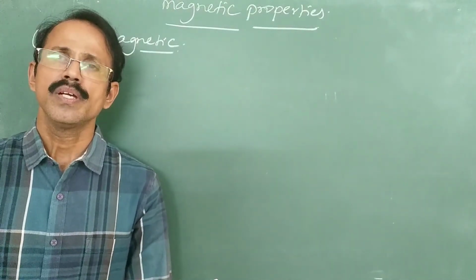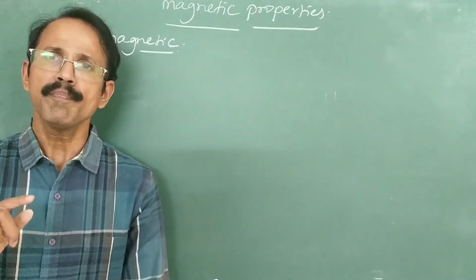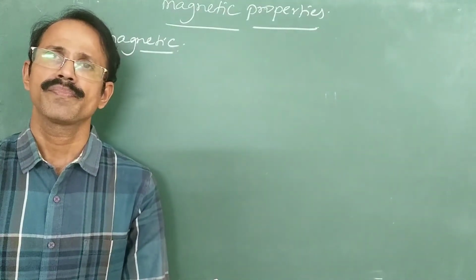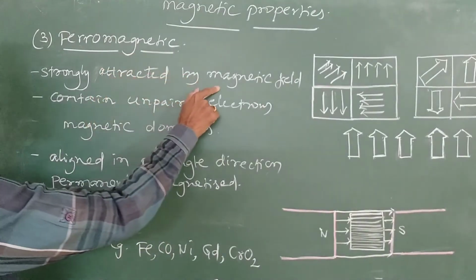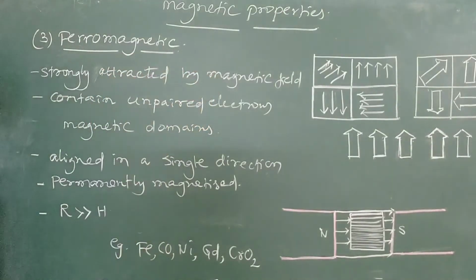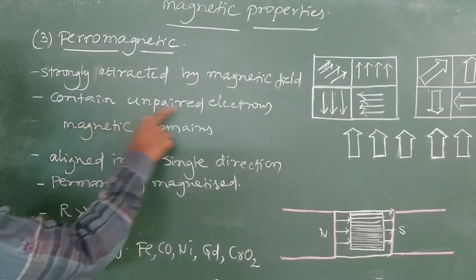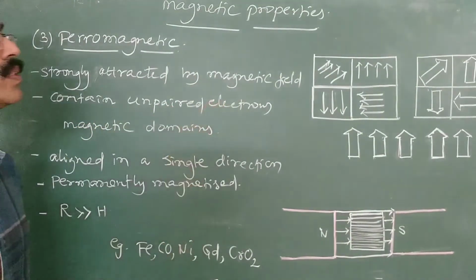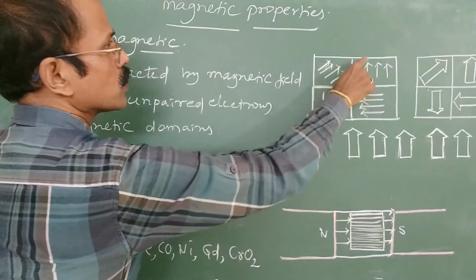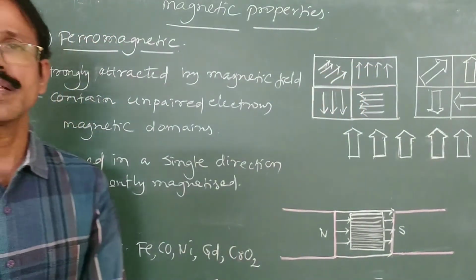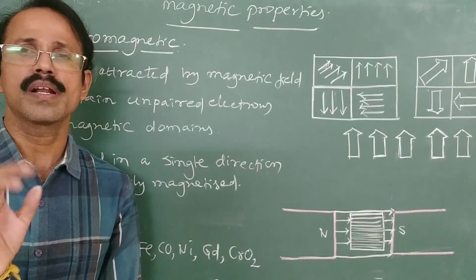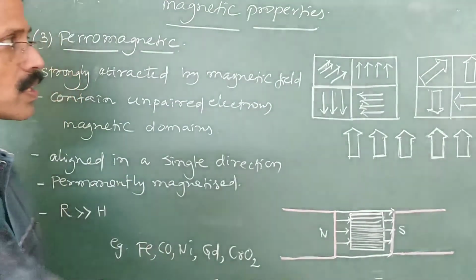That means a ferromagnetic substance can be permanently magnetized, right? Ferromagnetic substances are strongly attracted by the magnetic field, and they contain unpaired electrons like this.